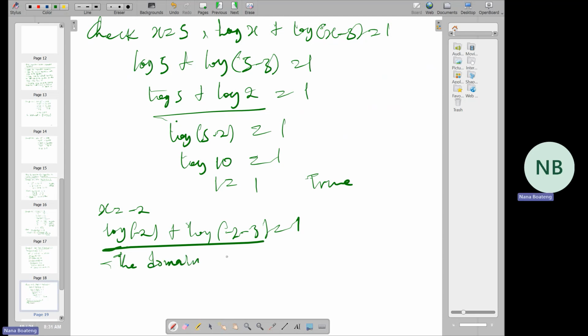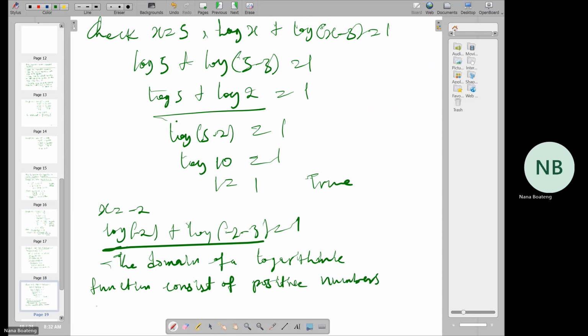The domain of the logarithmic function consists of positive numbers only.